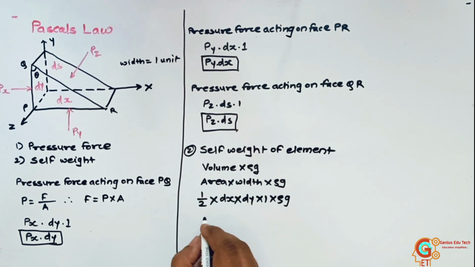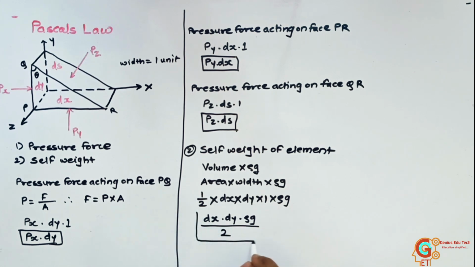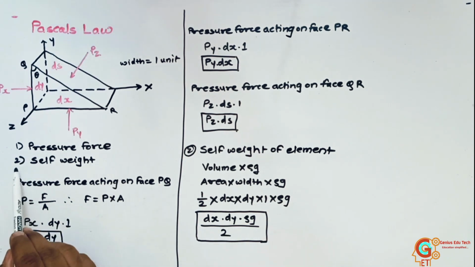So self weight of the element is dx dy into rho g by 2.